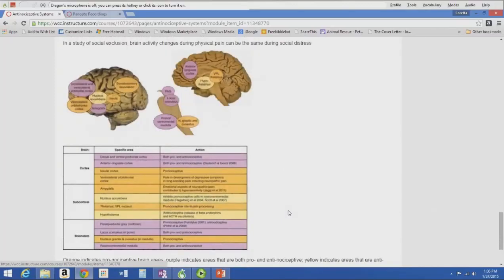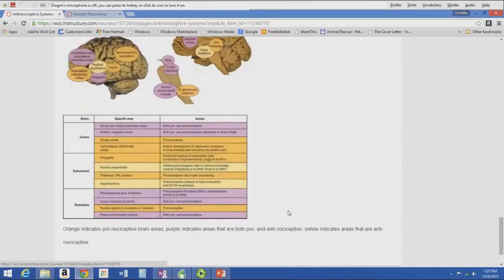So there's a chart in the book, and I don't know how well it shows up here, but I really don't expect you to memorize this or know this, but just to see the different areas of the brain that have all these different actions. So in the orange are pro-nociceptive, the purple can be both pro and anti, and yellow are only anti.